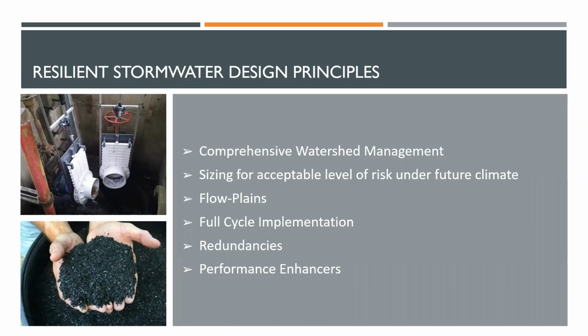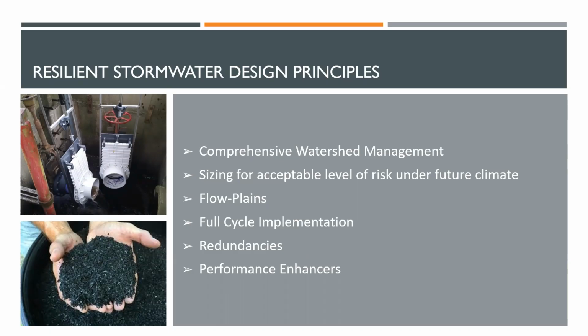The concept of flow plains is designing our infrastructure and our stormwater conveyance so that overflow and bypass has a safer place to go. We think of floodplains for streams, but do we need to think about how we can direct water to safe places in the communities when they overflow or bypass our other treatment practices?